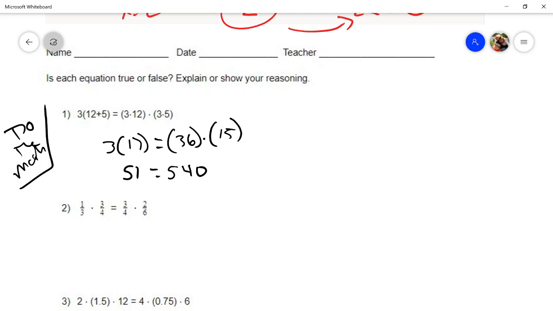Let me do a quick look at my math again. 12 plus 5 is 17. 3 times 17 is 51. 3 times 12 is 36. 3 times 5 is 15. 36 times 15 is 540. So no. And how do I explain my reasoning? By showing my work.